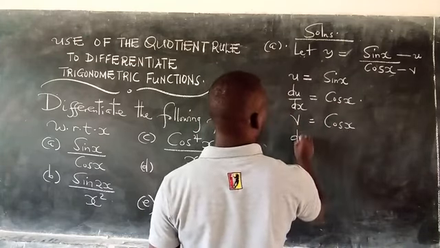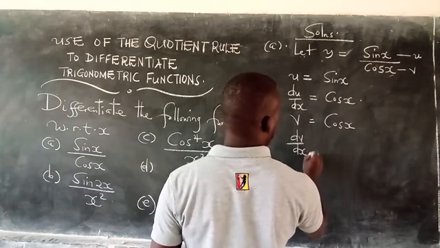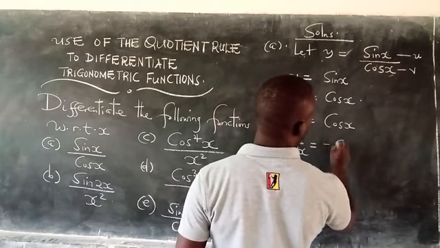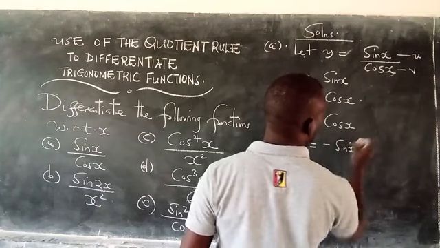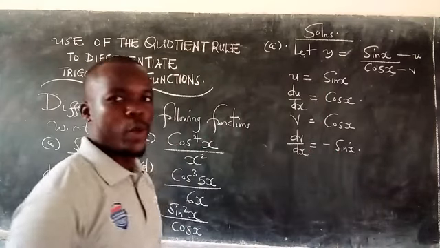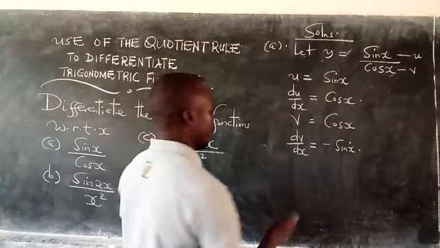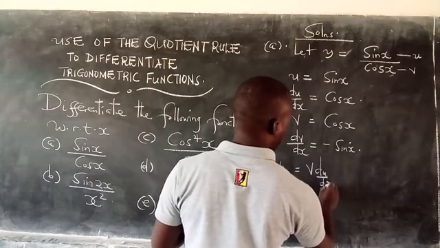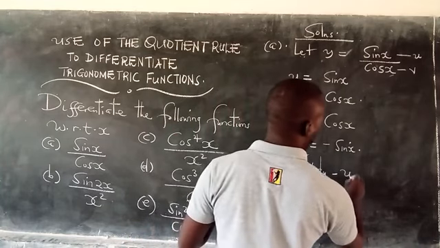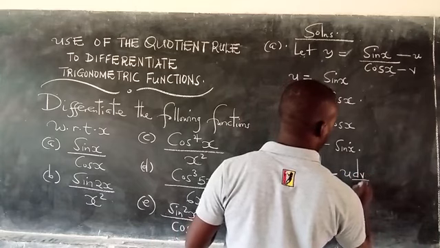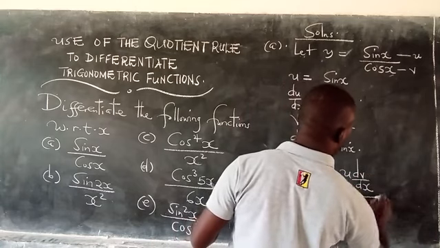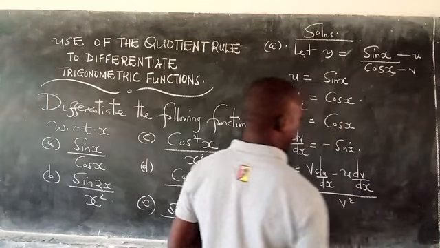We differentiate cos so that we have dv dx as negative sine of x. After this, we now introduce our formula for the quotient rule, and that formula says dy dx is equal to v du dx minus u dv dx, but all this divided by v squared.